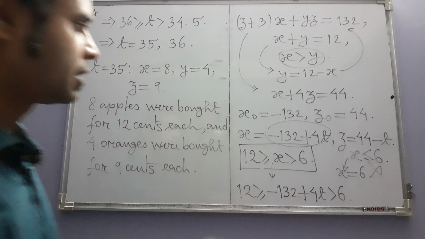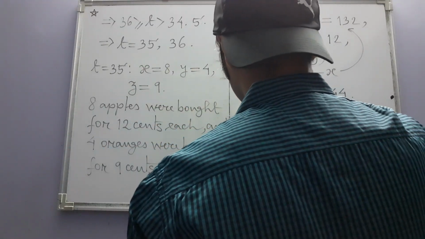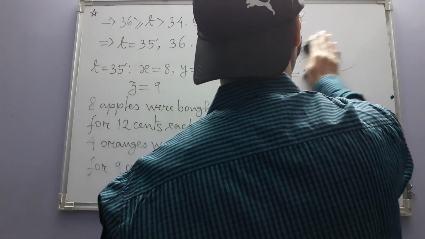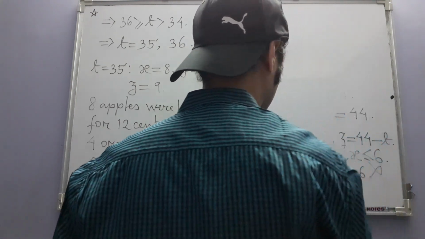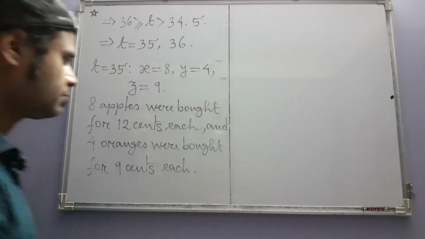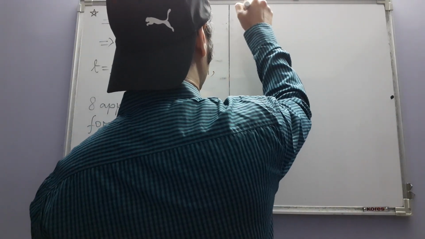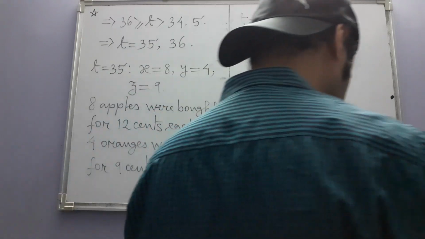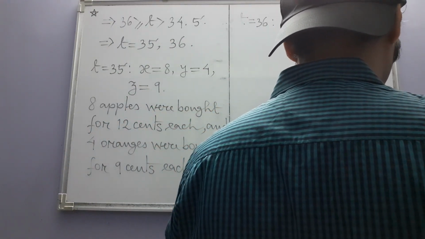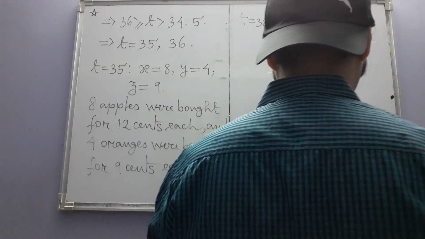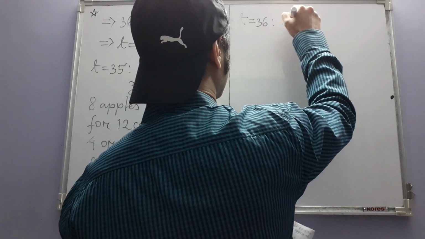Similarly, when our t is 36, then x becomes 12.